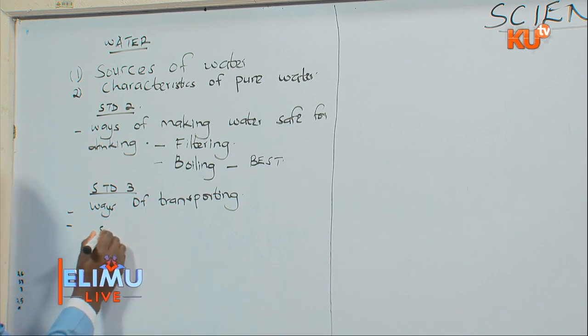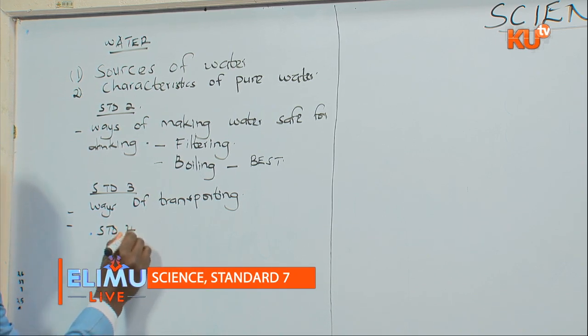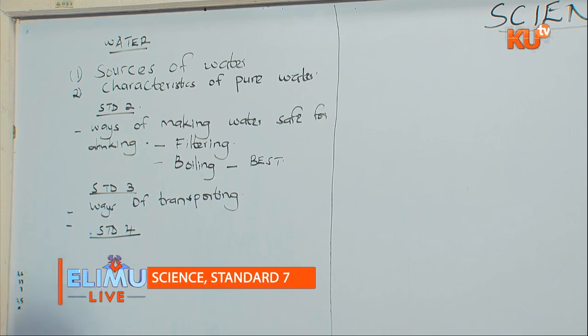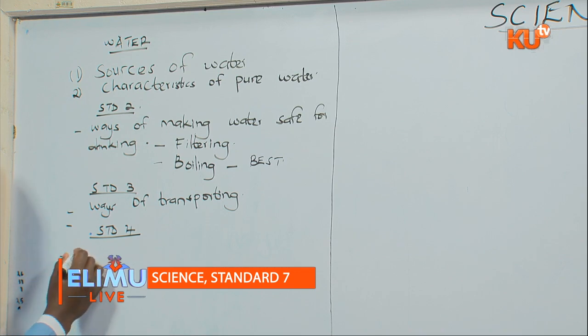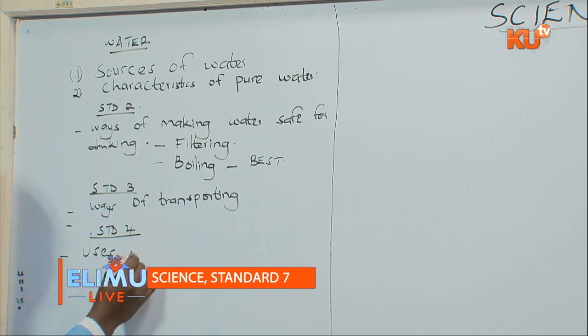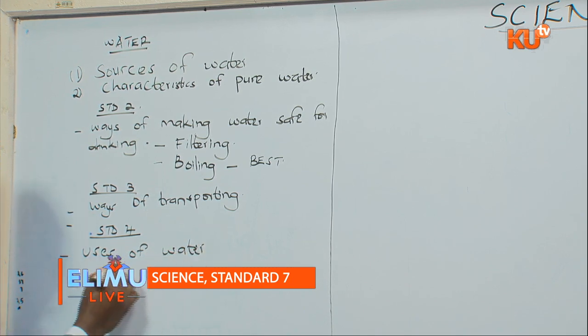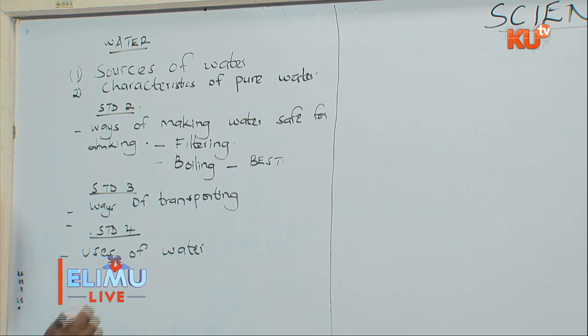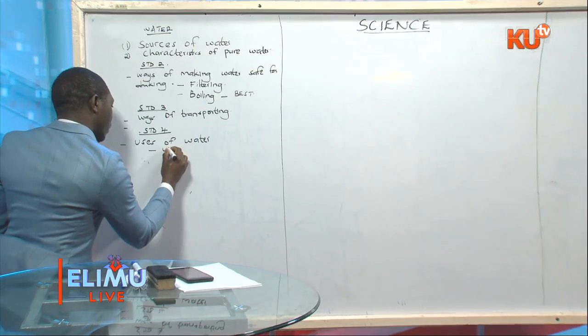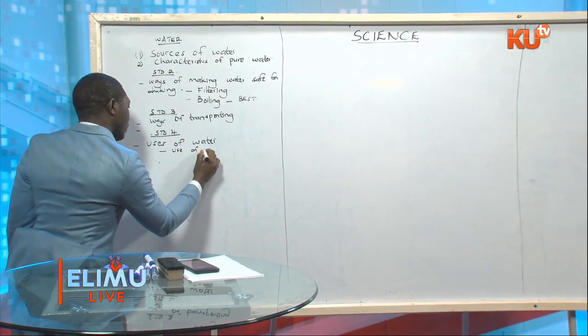In standard 4, we still learned about water, and that's where I focused mostly. In class 4, we have got different uses of water, and we have around 5 uses of water. The first one we said is use of water at home.